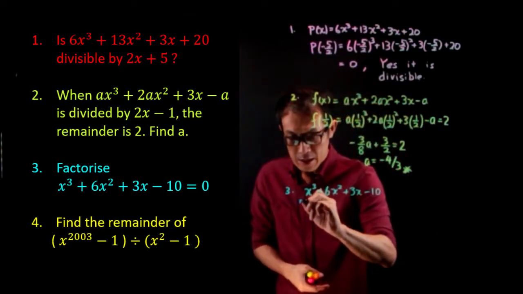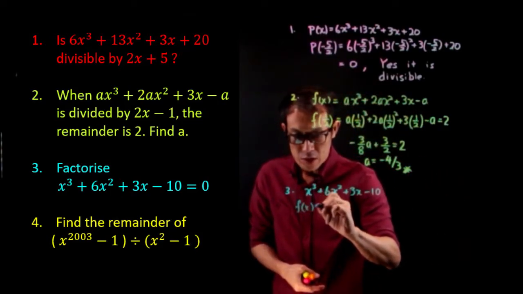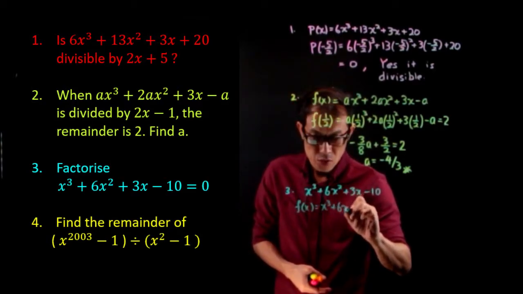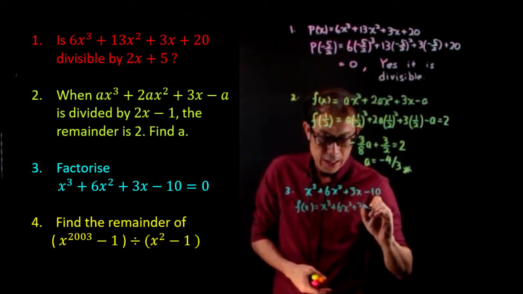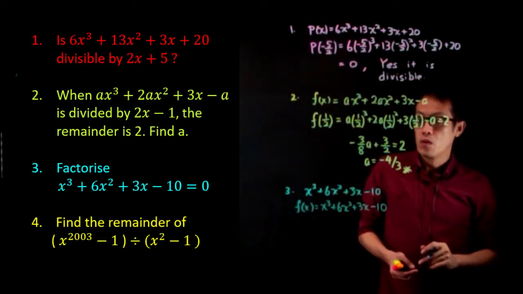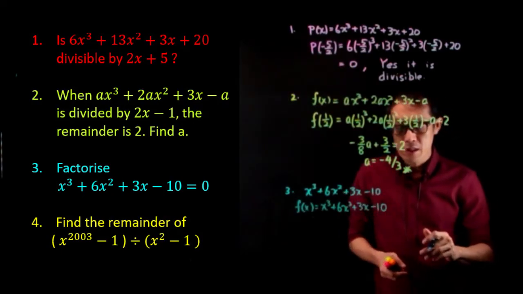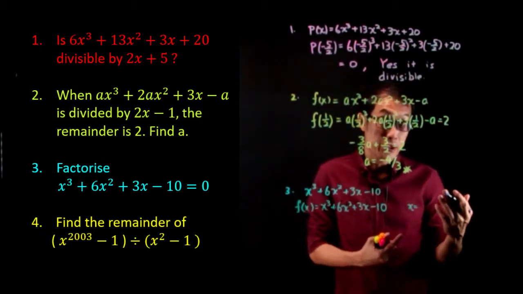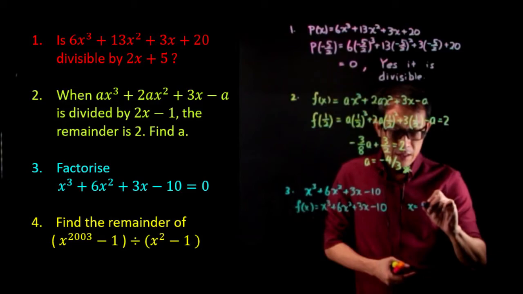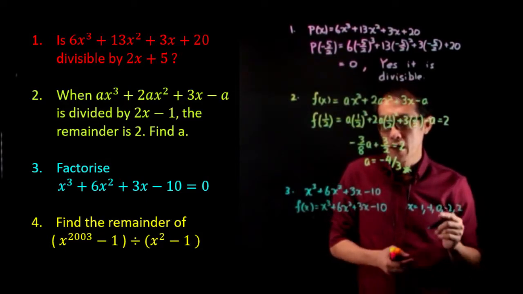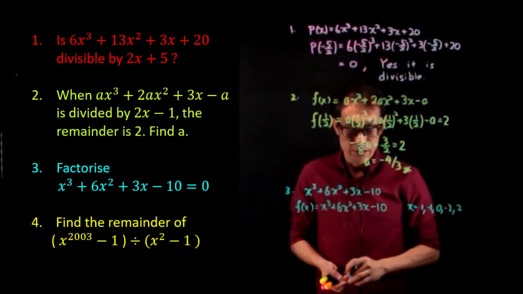Let's say f of x is equal to x cubed plus 6x squared plus 3x minus 10. Now, what we normally do is we put x equal to, these are the values that we normally try, all right? 1, minus 1, 0, minus 2, and 2, and see which one will give you 0.